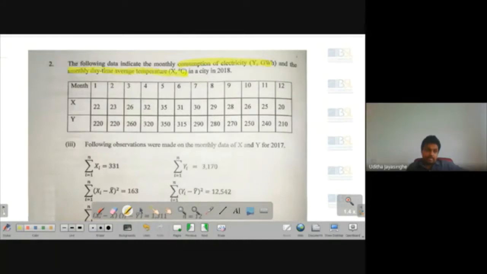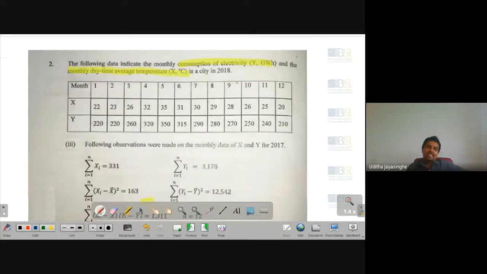Now, don't get carried away. Sometimes the examiner doesn't stick to X or Y as the only way to indicate the independent and dependent variables. So be careful, sometimes he may name Y as the independent variable.